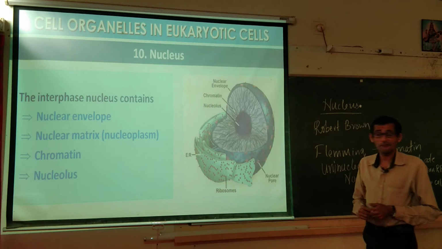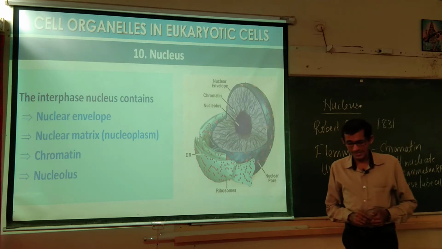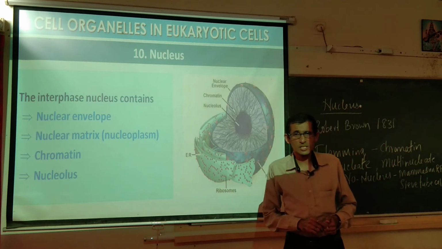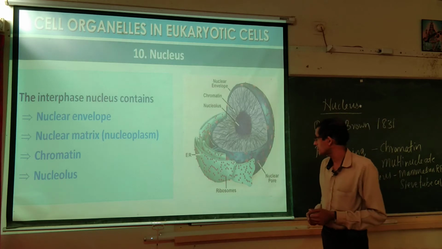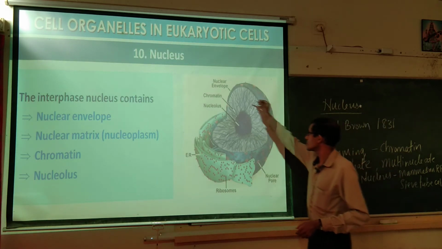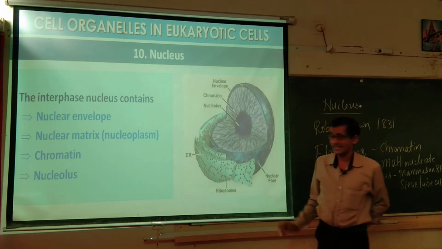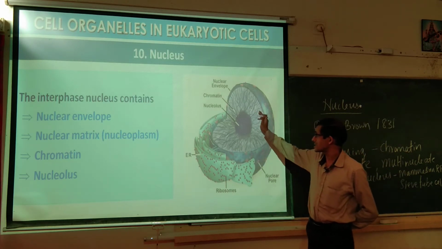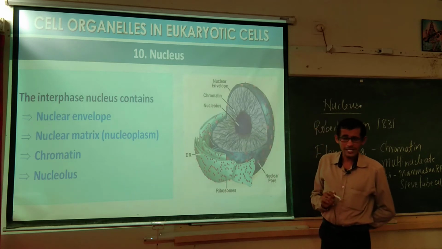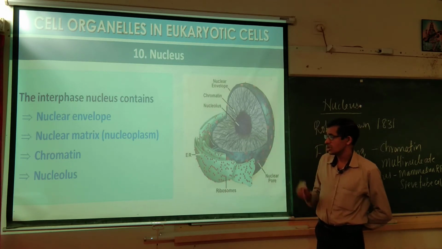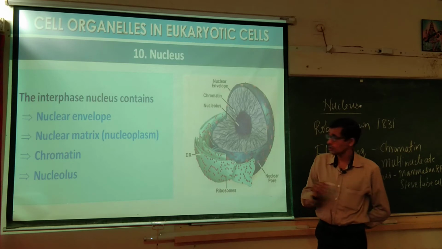The nuclear envelope is the covering of the nucleus. The nucleus is covered with two nuclear membranes, an outer nuclear membrane and an inner one. So, the nuclear envelope is the outermost covering layer. Then the nuclear matrix is the cytoplasm of the nucleus, called nucleoplasm.